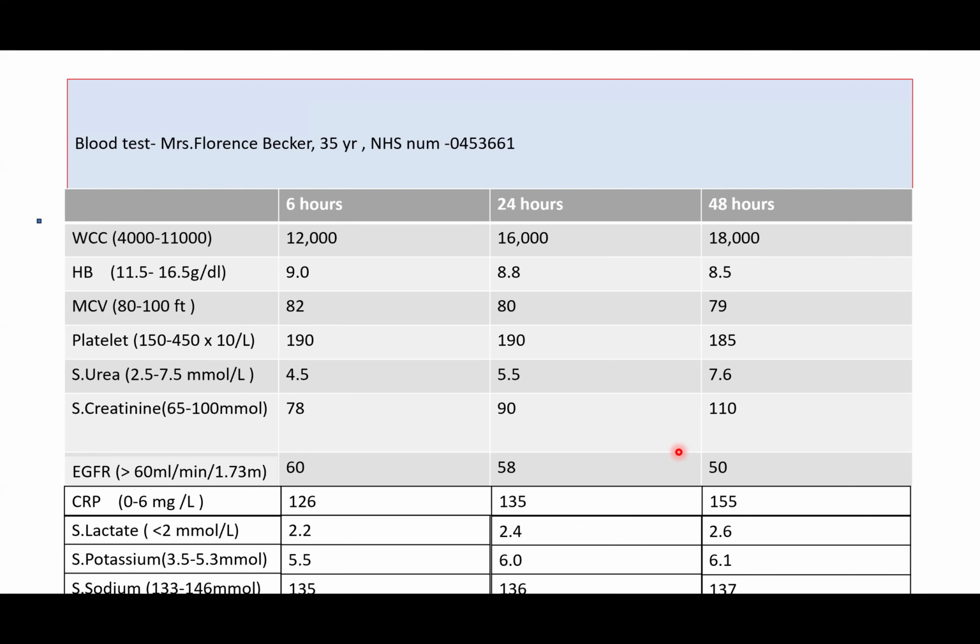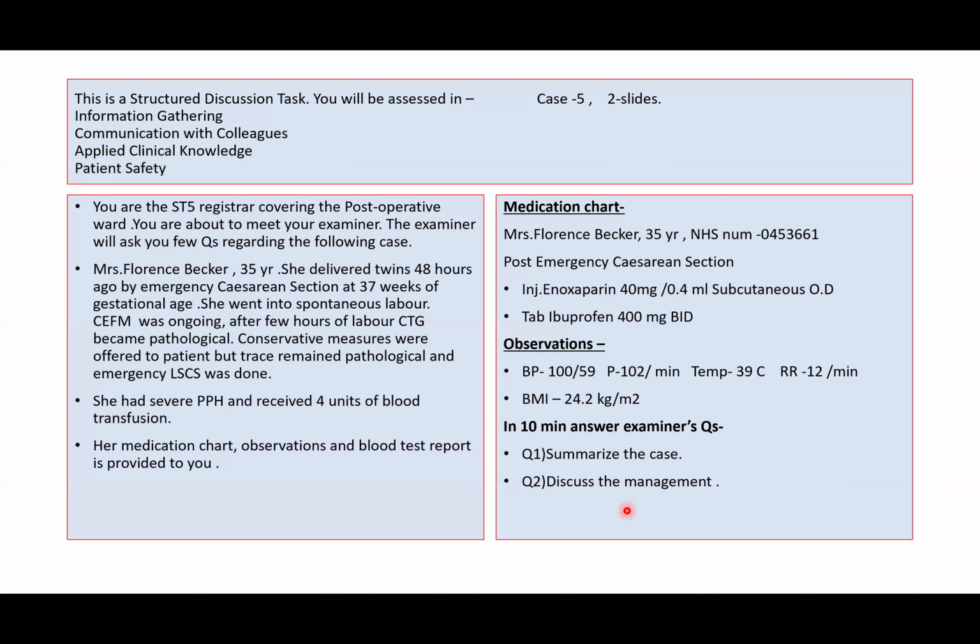Okay. So discuss your management. Well, I would like to ask a detailed history, perform an examination and run some investigations, and then we will discuss the further management plan. I have to keep in mind the differential diagnosis of this case. This could be due to sepsis, as the patient is running a fever currently and her serum lactate level is rising.